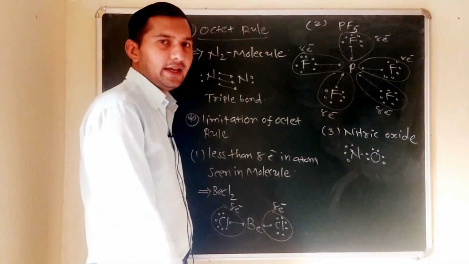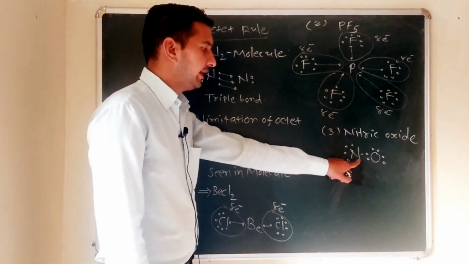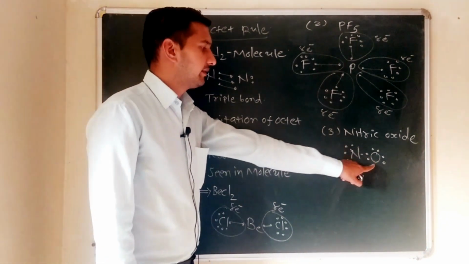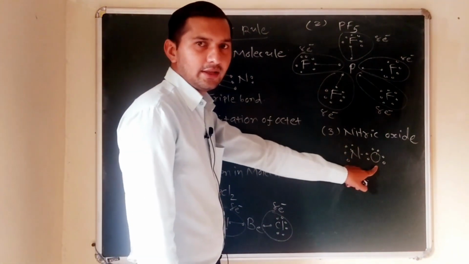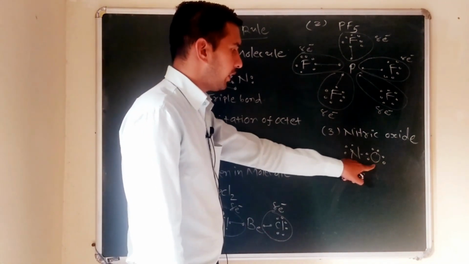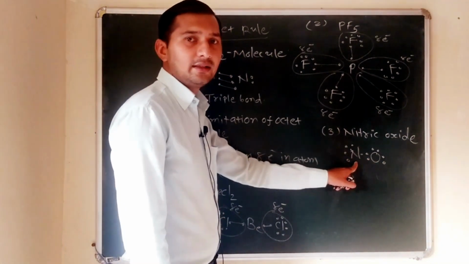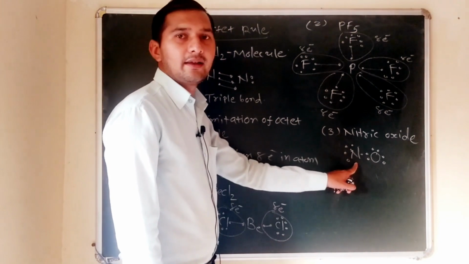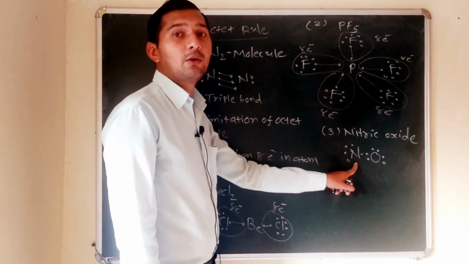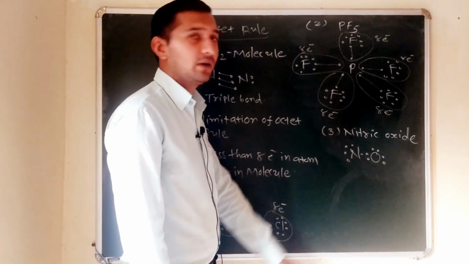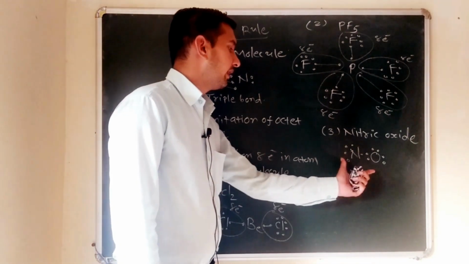So here we can say that there are 5 valence electrons around the nitrogen atom and 6 valence electrons around oxygen. But here, neither oxygen nor nitrogen acquires 8 valence electrons in its outermost shell. So this is an odd electron configuration that both atoms have.